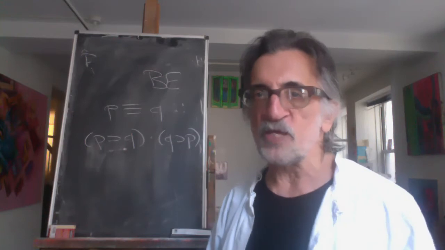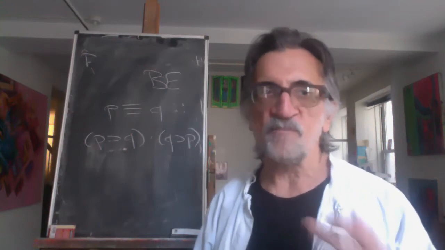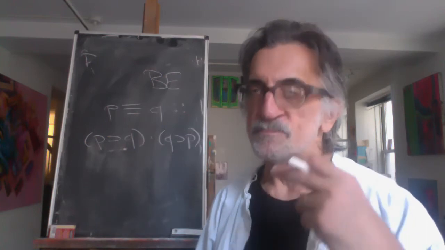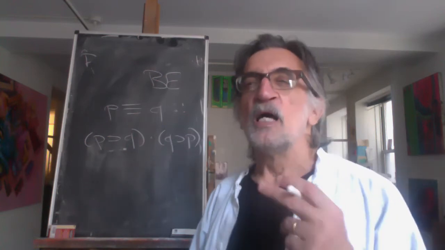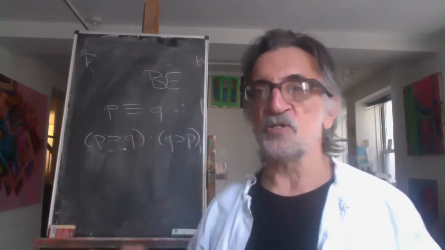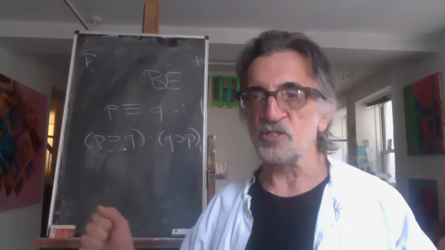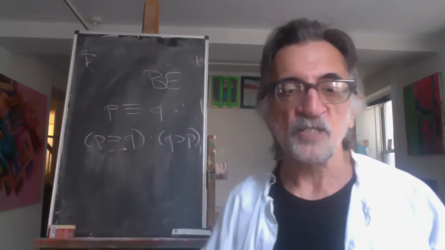P if and only if Q means if P then Q plus if Q then P. Okay. It's straightforward. Sometimes you do need to take a biconditional apart. Sometimes you do need to take two conditionals and put them together into a biconditional.